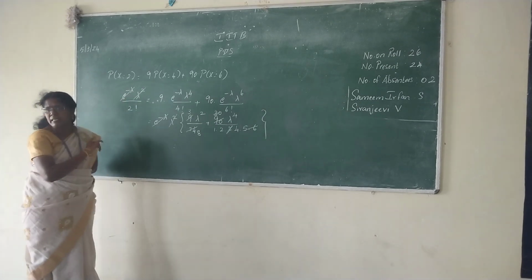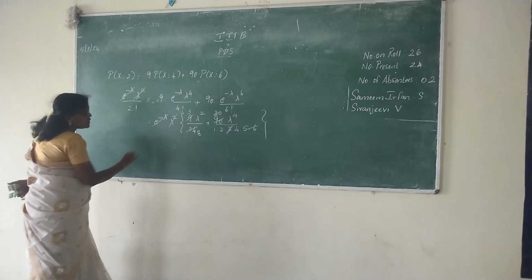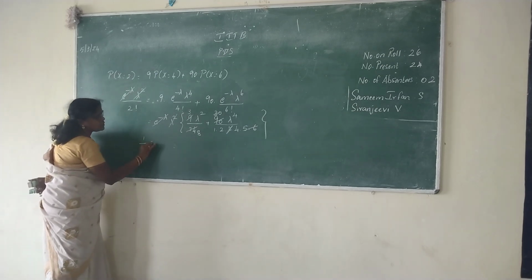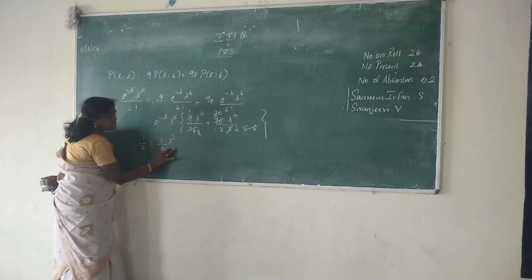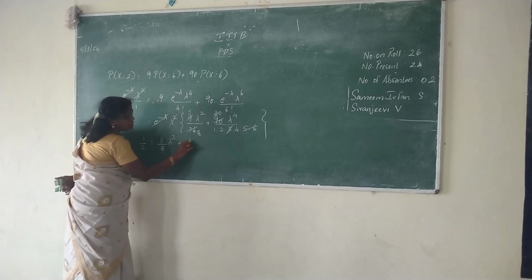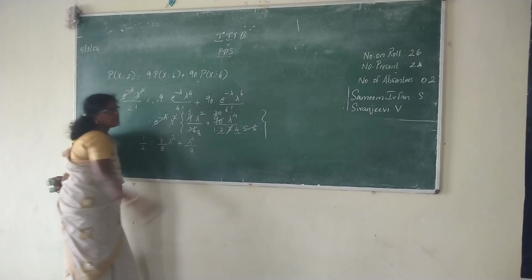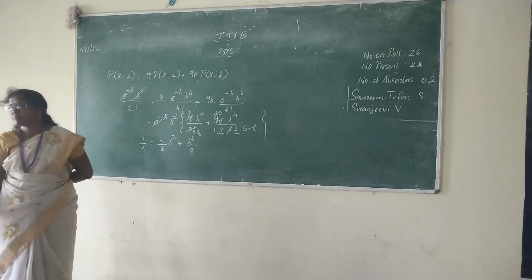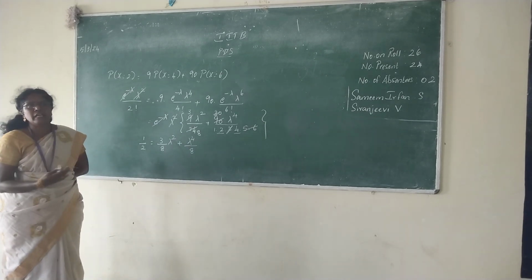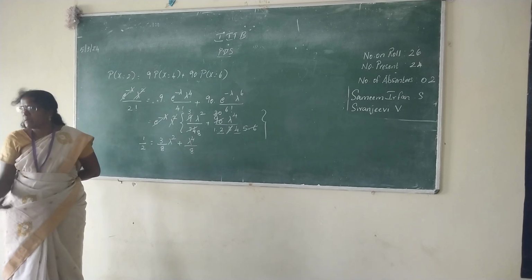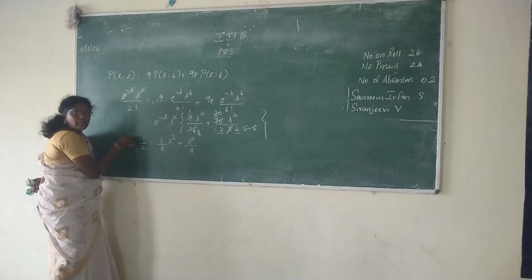So what is remaining in the left hand side? 1 by 2 factorial. 2 factorial is 2. So 1 by 2 equals 3 by 8 lambda square plus lambda power 4 by 8. Now try to rewrite this as an equation in terms of lambda. Both have a common denominator, so bring it to the left hand side.